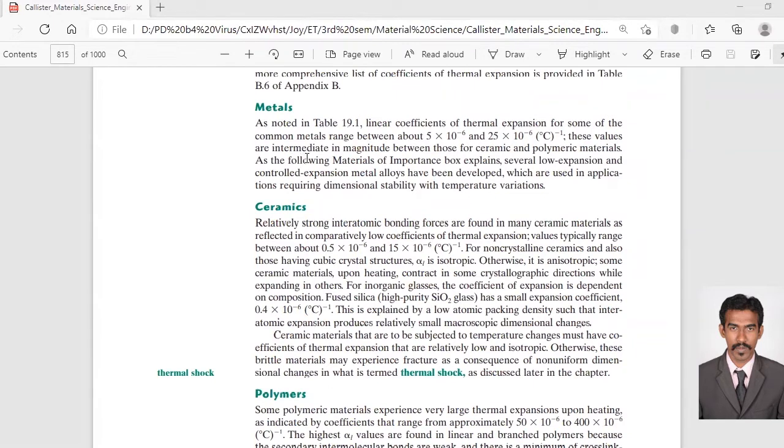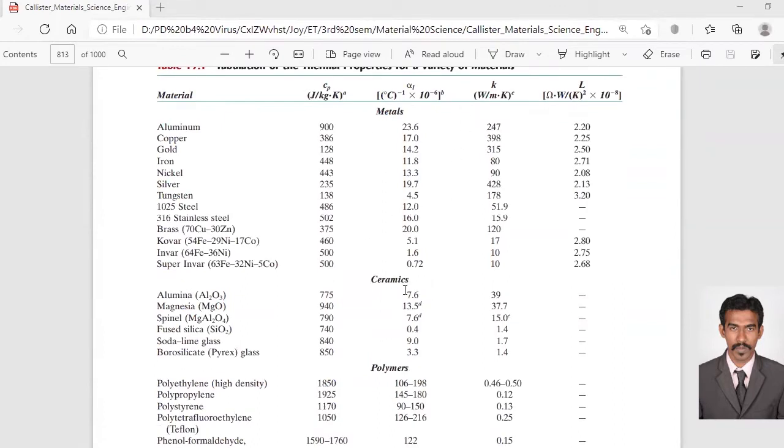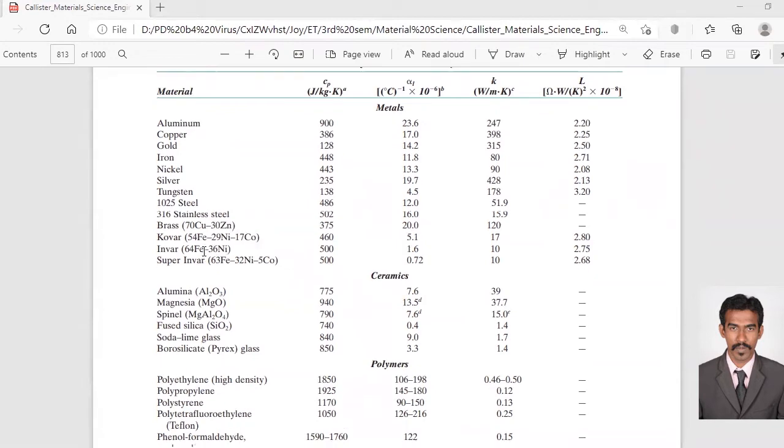These values are intermediate in magnitude between those for ceramic and polymers, right? So if you check them, these values are lying between this value and this value. So these are lowest, these are next, and these are the largest, right? So here you see the values are ranging from maximum 25, 23 to minimum around 5.1, 1.6, right?